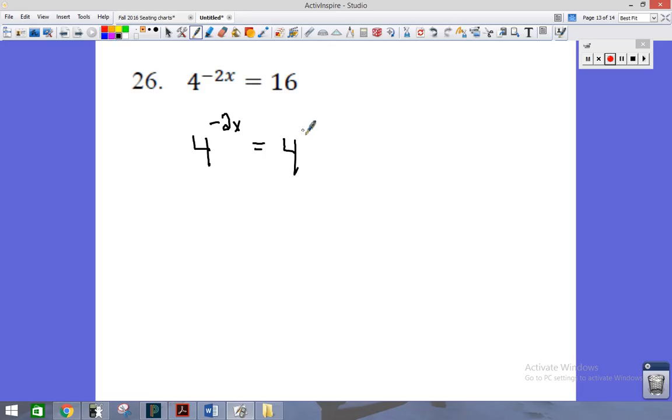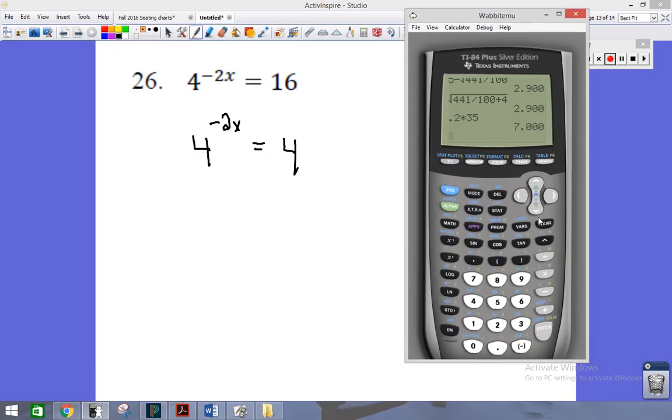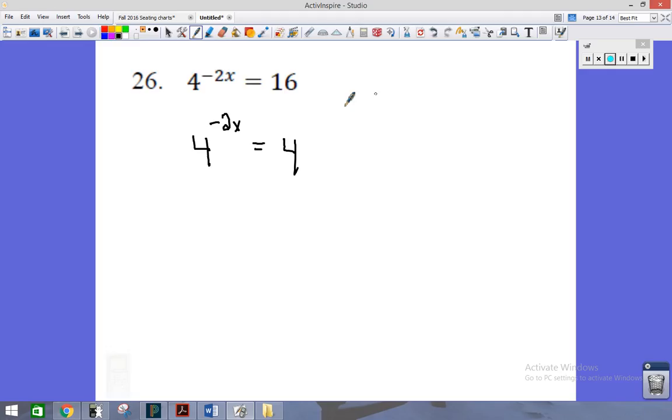So 4 raised to what power gives me 16? Well, I can play around on a calculator if I need to. 4 to the 0 power gives me 1. I need a 16. 4 raised to the first power is just going to give me 4. What about 4 raised to the second power? Hey, there's the 16. That's what I wanted.